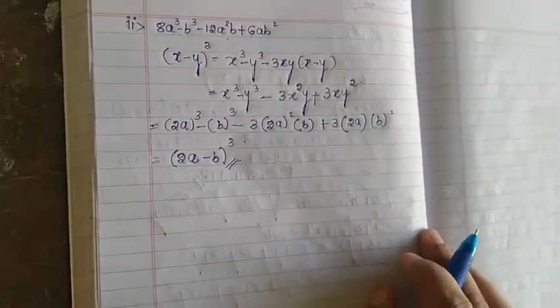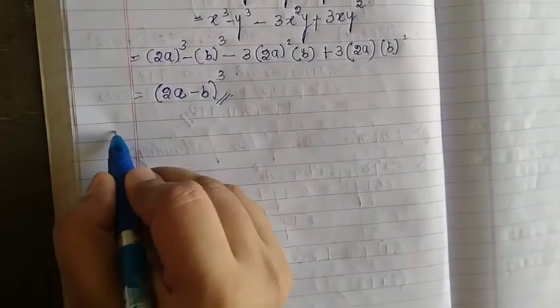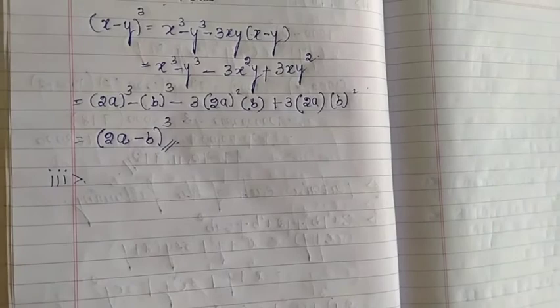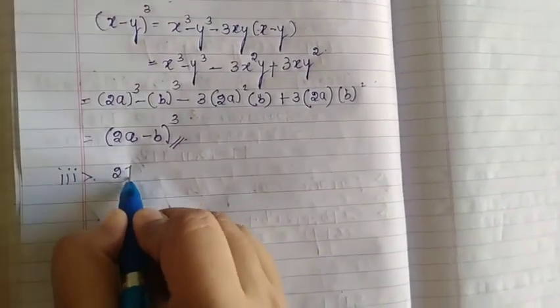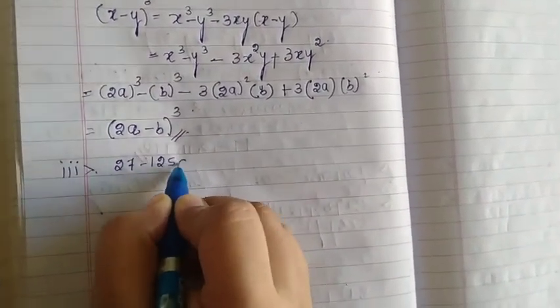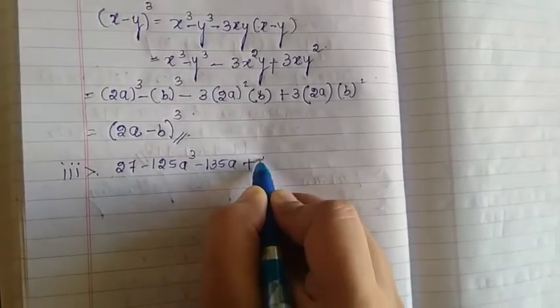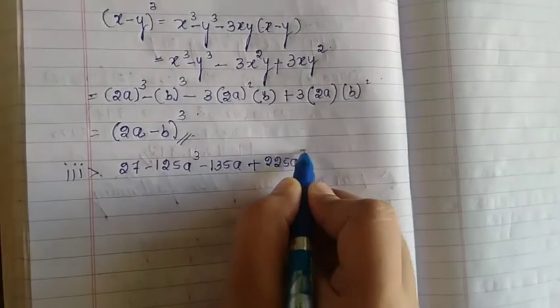The next question, the third one, is 27 minus 125a cube minus 135a plus 225a square.